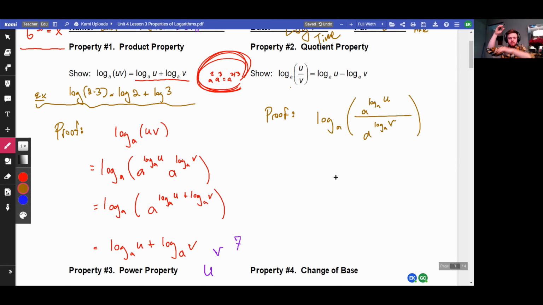Same base, numerator, denominator, so we can do some subtraction. That is the skill here. We have A to the log base A of U minus log base A of V. And then boom, I think we're done, right? I think so, yeah. These kind of cancel out in a way.